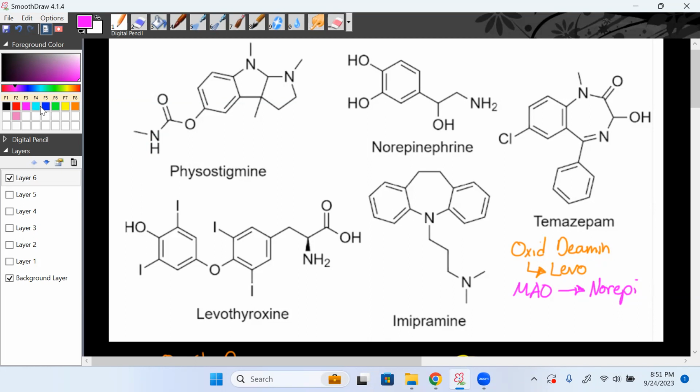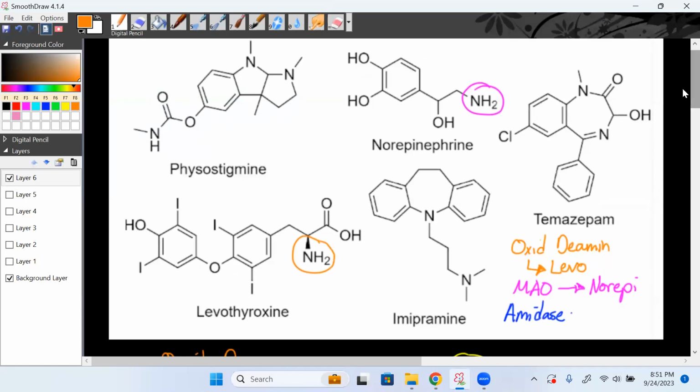All right. Which drugs could undergo amidase? So just to highlight what we're talking about. Which drugs could do amidase? I see physostigmine, imipramine potentially, temazepam.